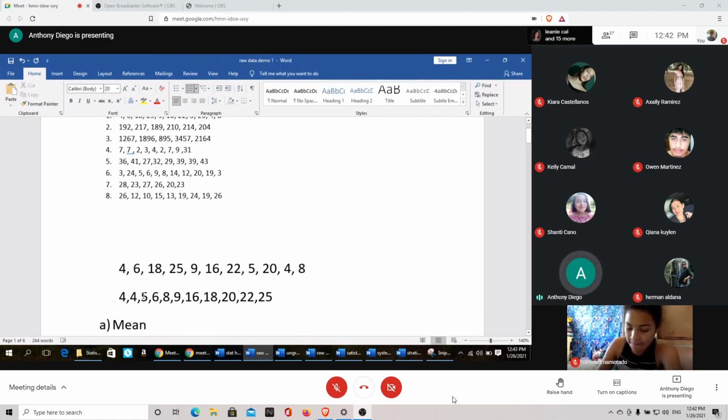So we have two 4s, one 5, a 6, an 8, a 9, 16, 18, 20, 22, and 25. And if you notice, each number is being accounted for, because if you count all these numbers, you're going to get 11.